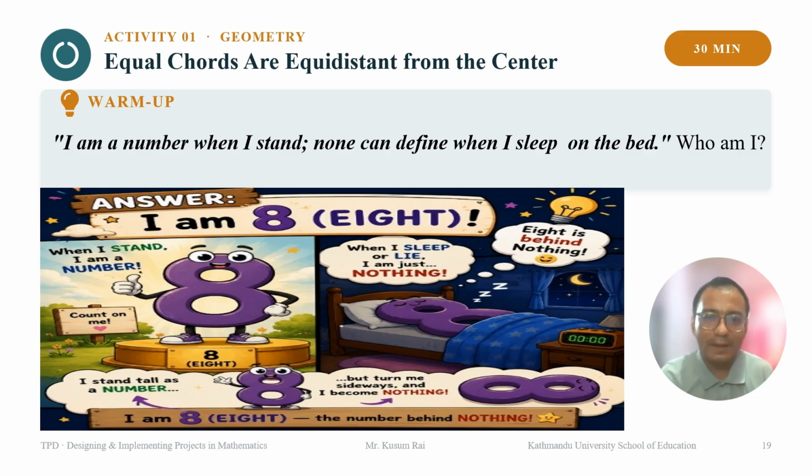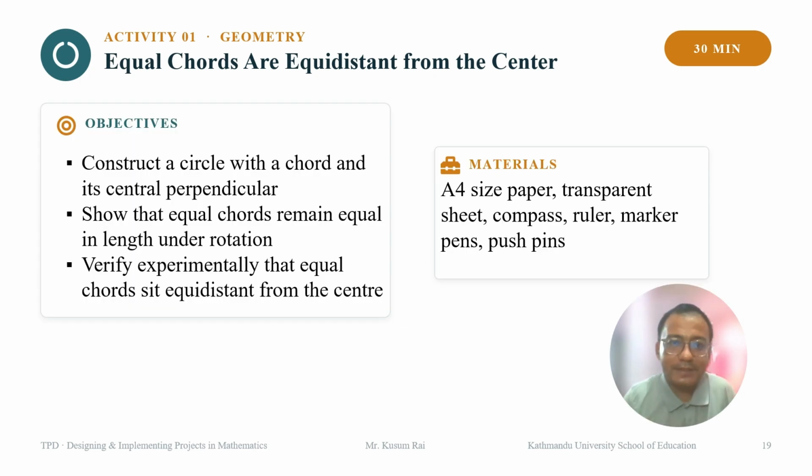When it sleeps on the bed, it seems like infinity or undefined, so exactly, no one can define this while sleeping. While standing, it seems as a digit or number 8. Okay, so I think we have to go for the next.